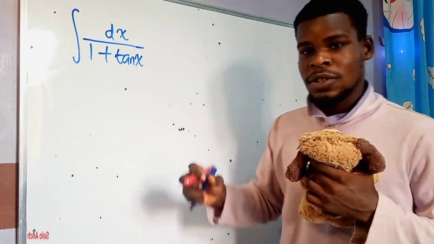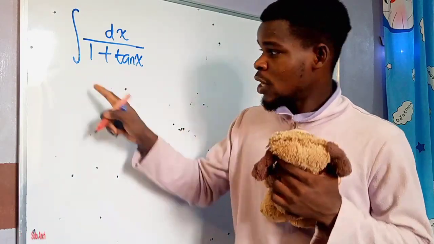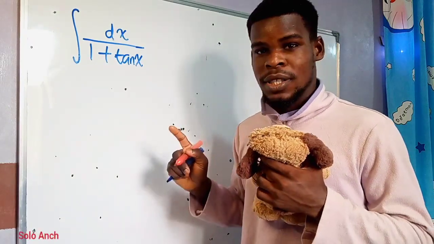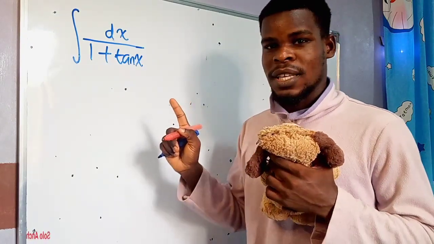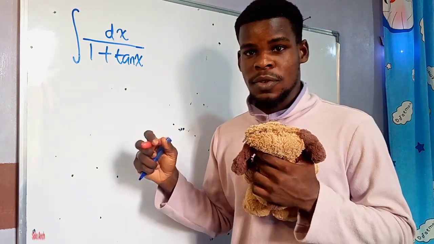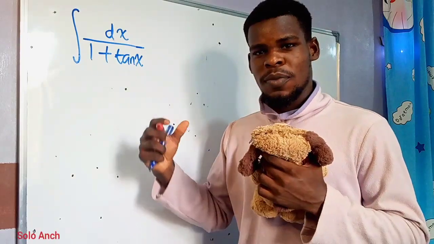Okay, and on day 28, that is the previous day, we changed this place to 2, and this place was cosine. But we didn't make use of the multiplication by the conjugate, rather we used the Weierstrass substitution, right? But here, which one are we going to make use of?